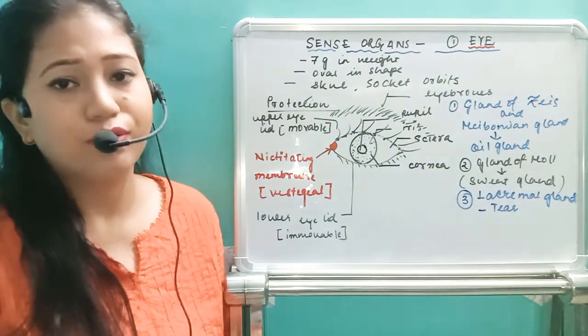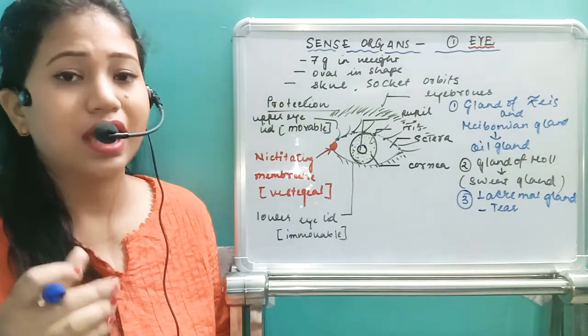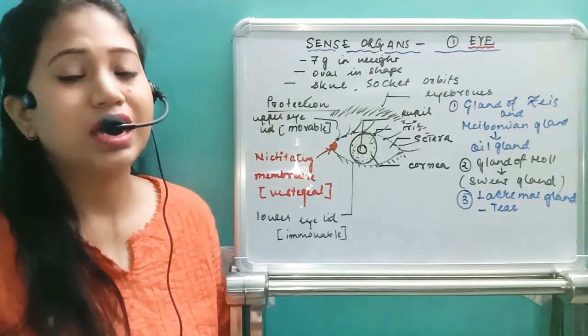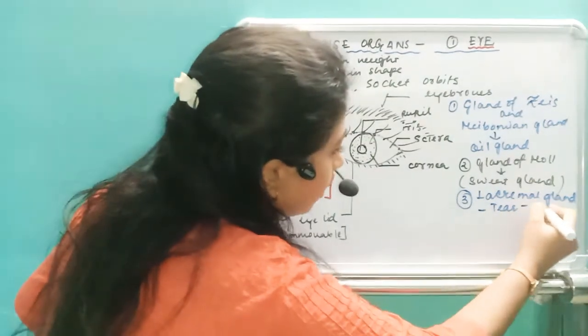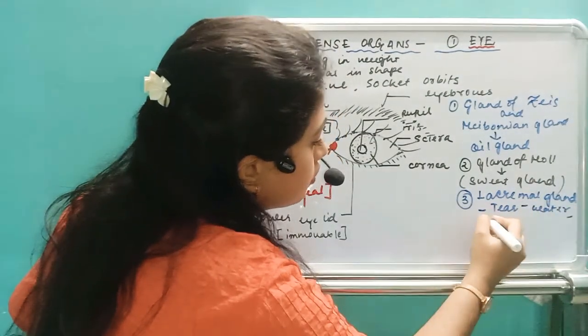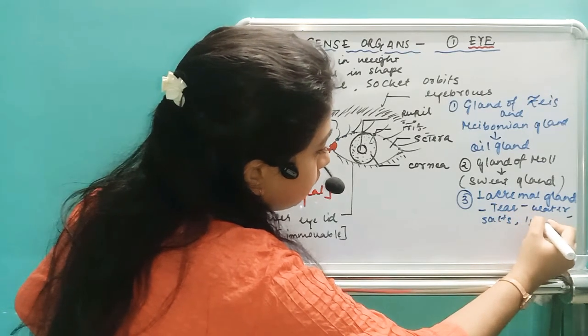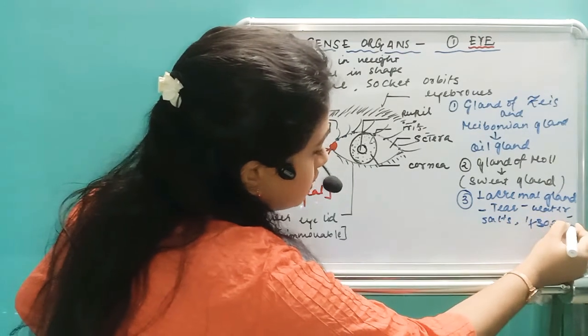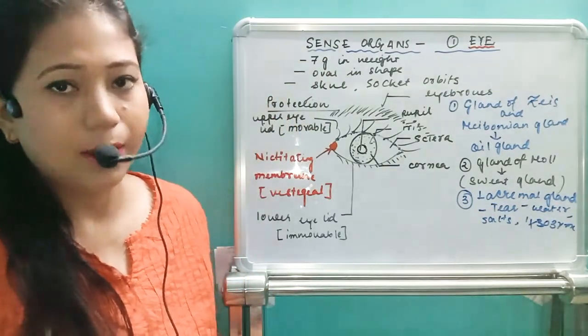But every time we produce that tear, it is actually helping us to prevent bacterial infection. So that tear contains water, salt and lysozyme. This lysozyme will kill any type of bacteria.